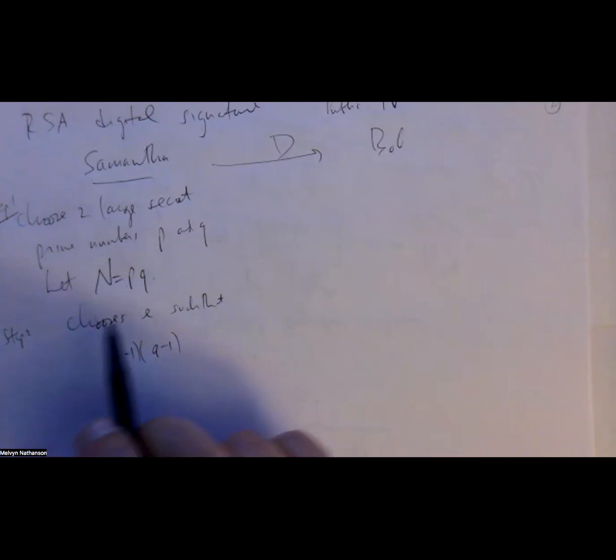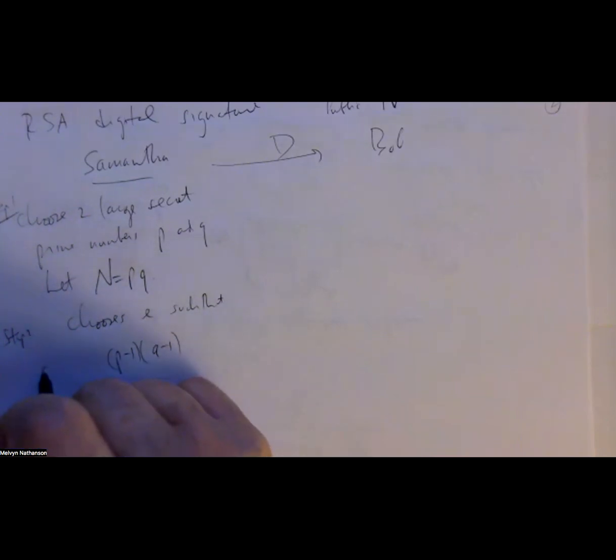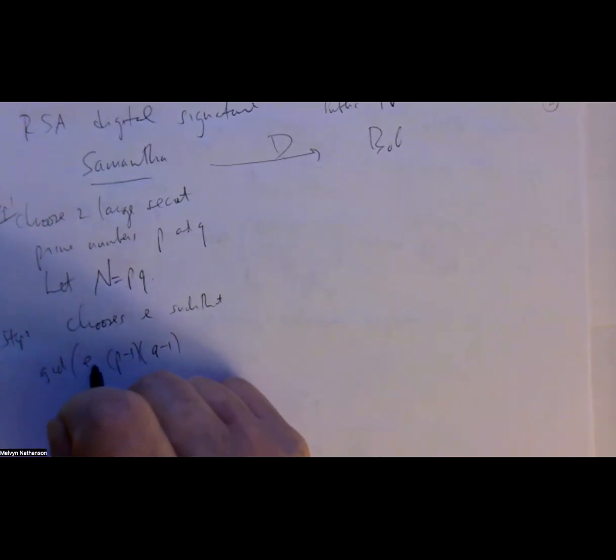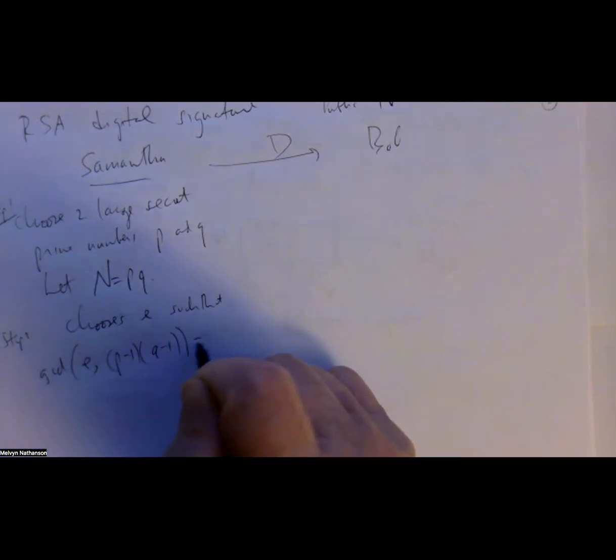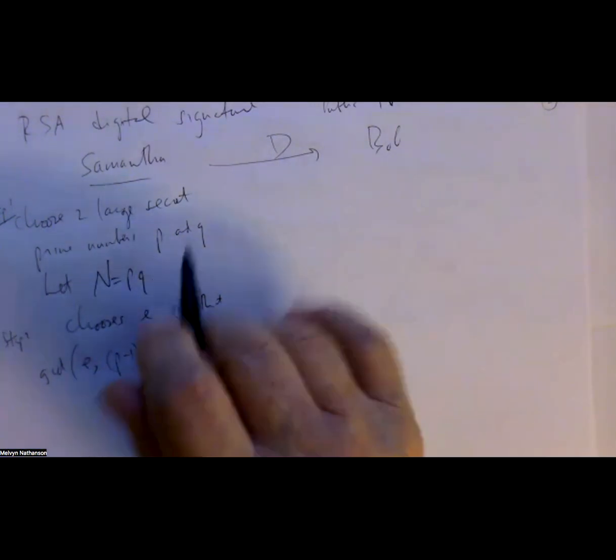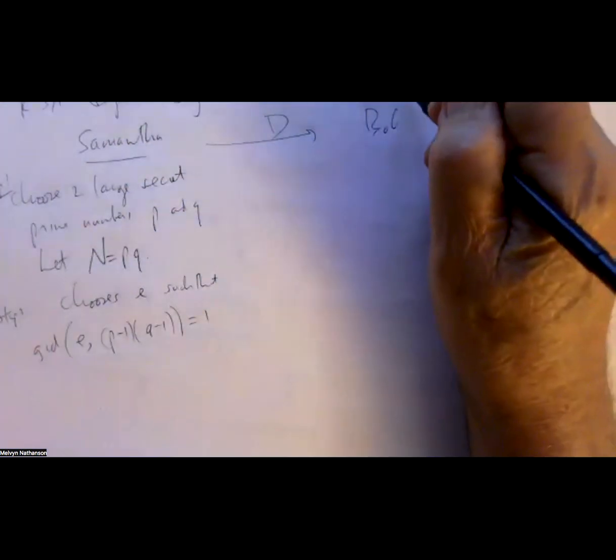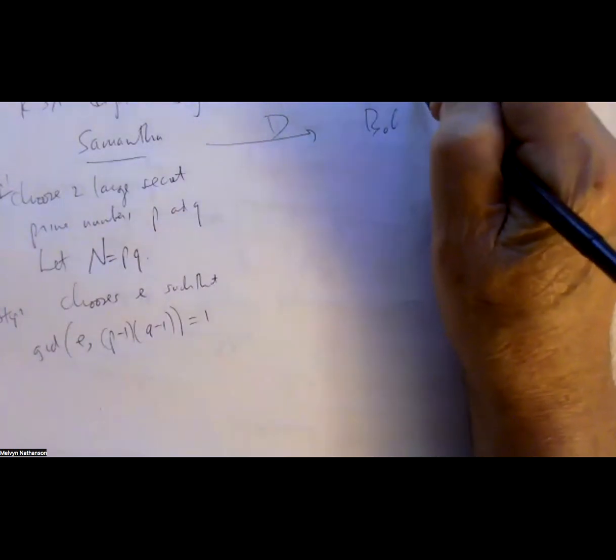She chooses a number E such that the greatest common divisor of E and (P minus 1)(Q minus 1) is 1. E is not secret. She's going to publish E. So what is made public is N and E.